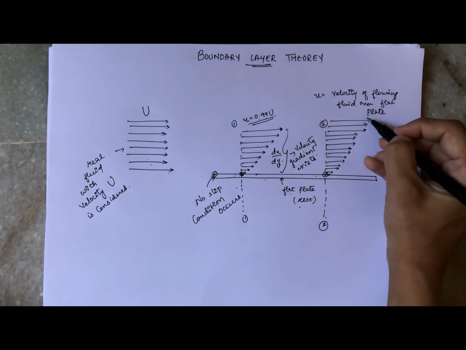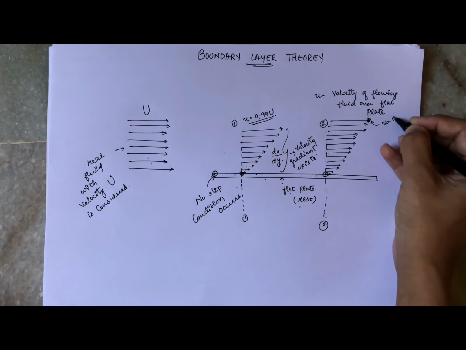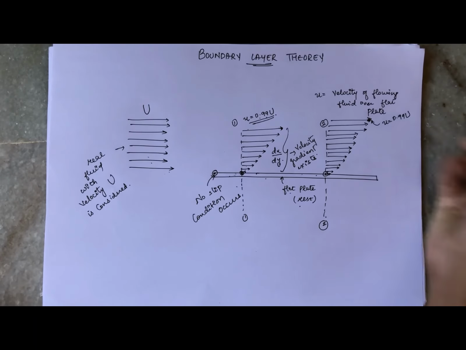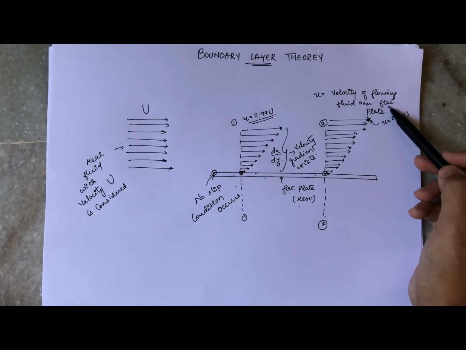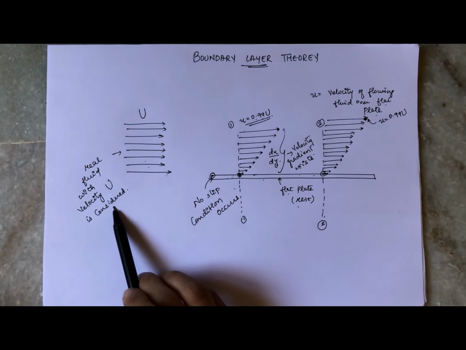Suppose at this point we get small u as 0.99 times capital U, that is, the velocity of flowing fluid over the flat plate is almost equal to the free stream velocity of the real fluid.